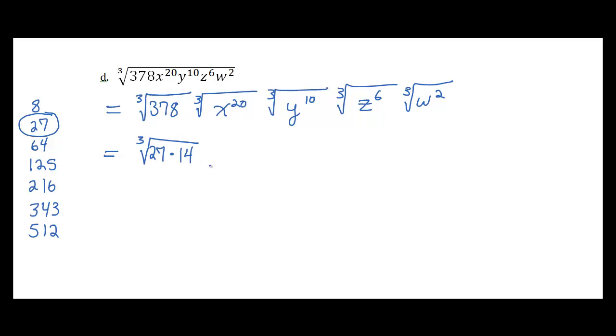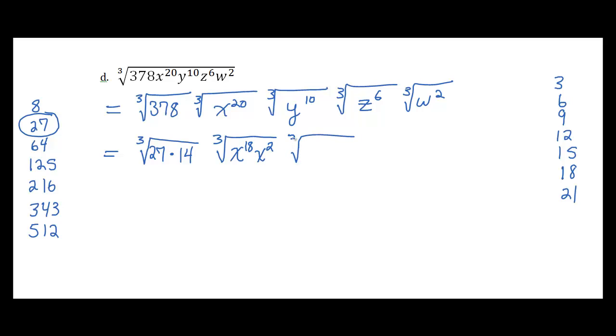Okay? And now the variables are going to be the exact same thing as before. We're looking at multiples of 3, all right? Multiples of 3 are 3, 6, 9, 12, 15, 18, 21. I think that's enough, right? So the largest multiple of 3 that's less than 20 is 18. So I can write that as x to the 18th times x squared.